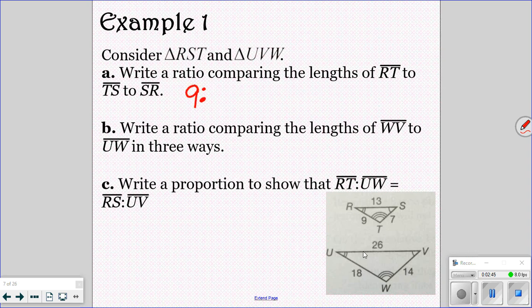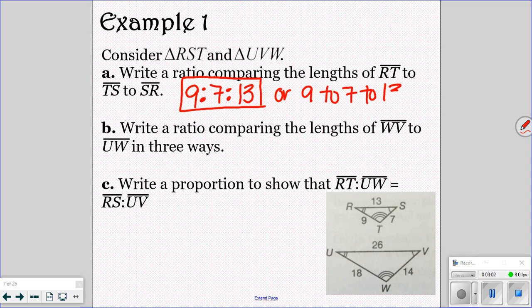The length of TS is 7. And the length of RS is 13. So when you have 3, I would not make it a fraction. I would leave it like this, or 9 to 7 to 13. I would put it like that. One of those two ways.